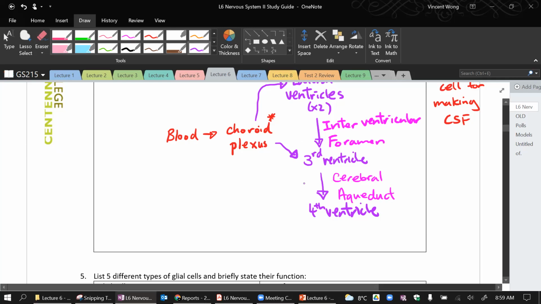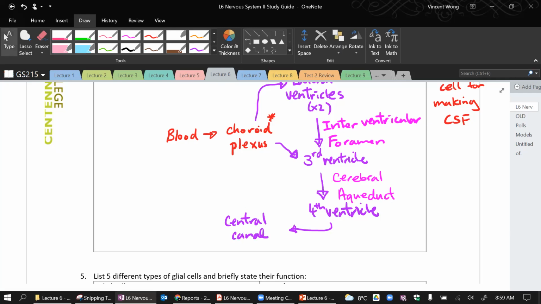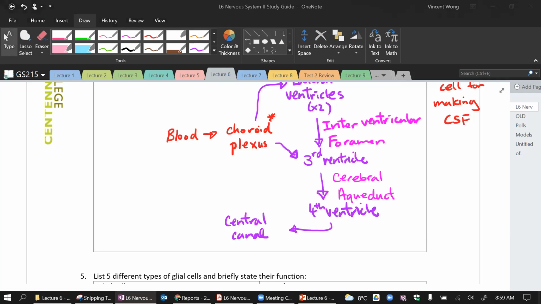And then from there, it is going to go down that tiny canal in the middle of the spinal cord called the central canal. And then the central canal will take the fluid all the way to the bottom of the spinal cord where it will exit, and then it will come back up to surround the entire spinal cord.